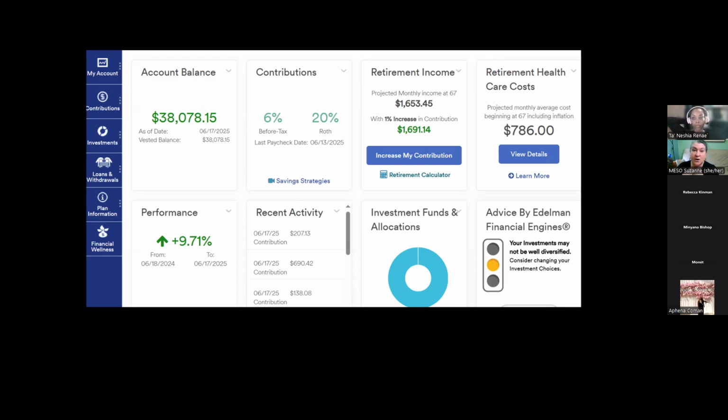Right now, they are guessing my monthly retirement funds are going to be $786 per month. That's just me personally, not me and my husband. My MESO, if I continue saving like this and I work for another 7 years, I will be making $1,600 a month just from MESO.